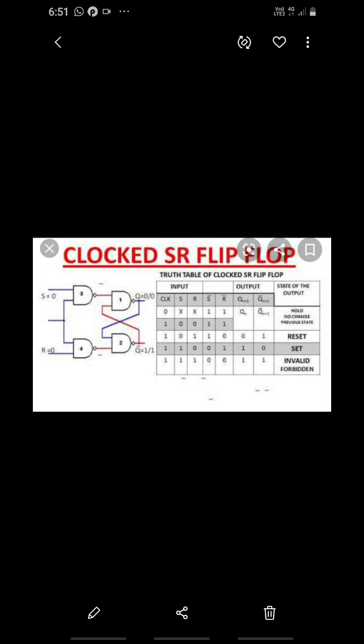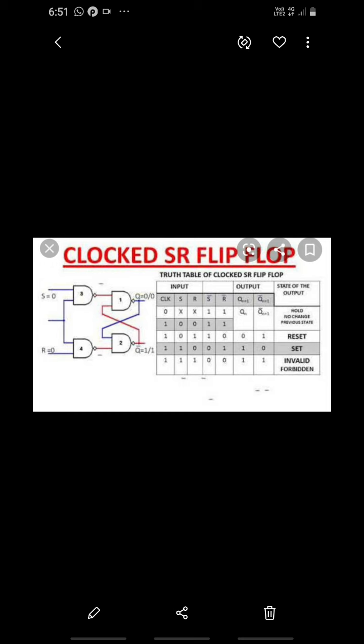And working principle: as long as the clock is at a low level, the NAND gates 3 and 4 are disabled irrespective of S and R inputs.